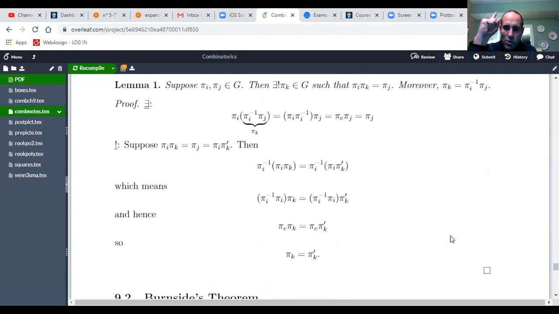Remember what we're trying to do. We want to ultimately count colorings that are non-equivalent. In this case, there were six non-equivalent colorings. There were 16 total colorings, but lots of them fell into equivalence classes. Now we have a rigorous idea of what an equivalence class means.